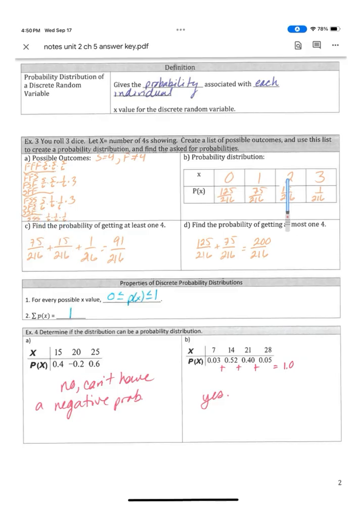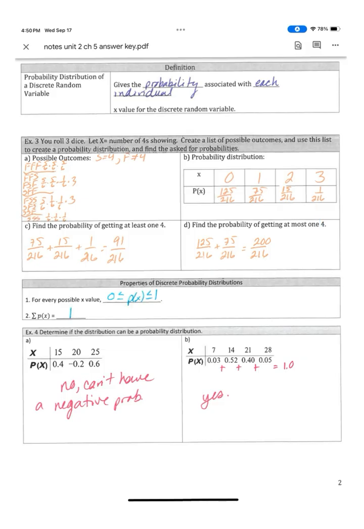So the probability of getting 2 4s is 15 out of 216. The last possibility is, yay, 3 4s, a 4, a 4, and a 4. So the probability of rolling 4, 1 out of 6, times 1 out of 6, times 1 out of 6. So the probability of rolling 3 4s is 1 out of 216.